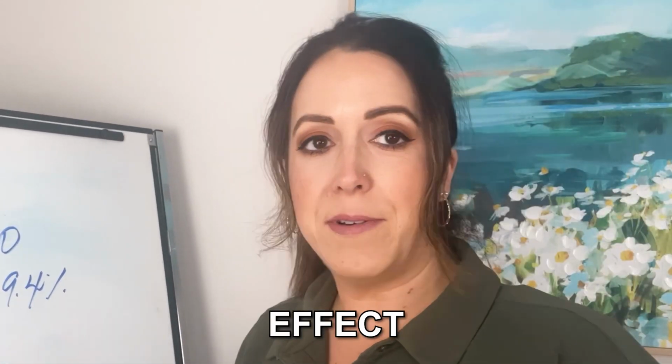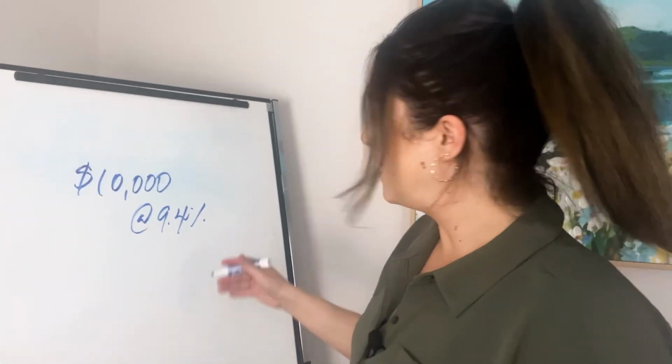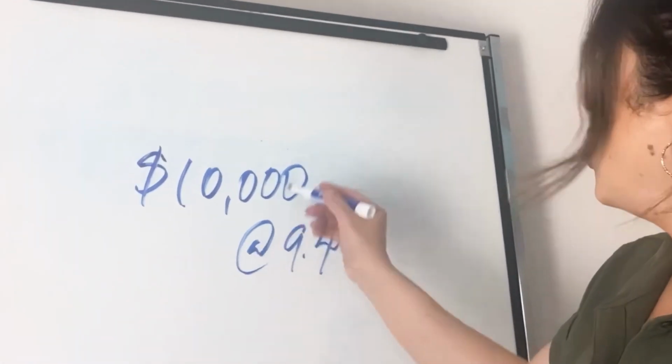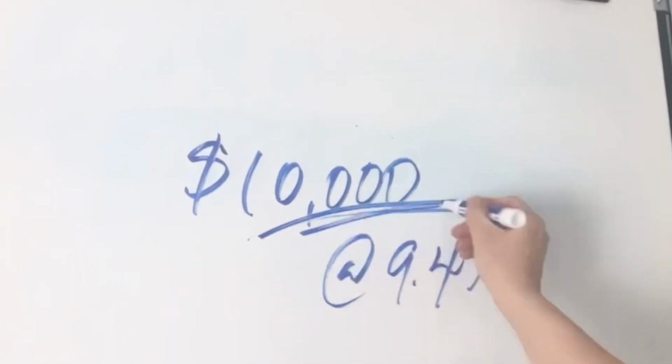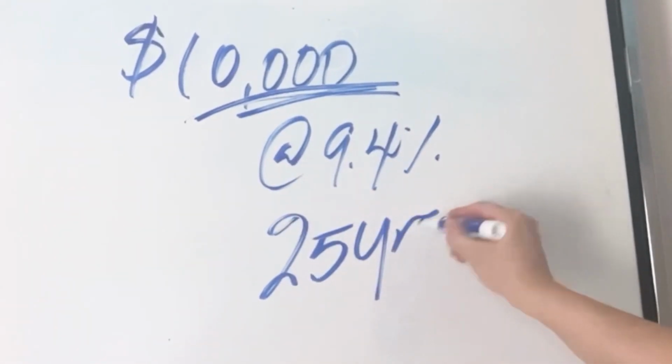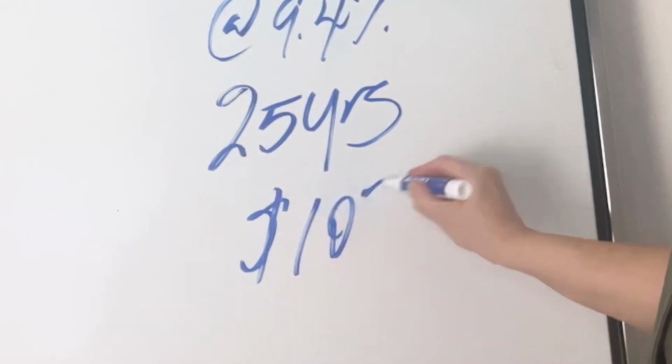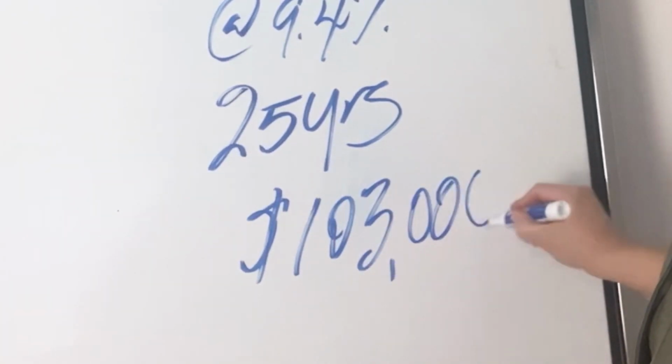So with the compound effect, with compound interest added in here, in 25 years, you'll never guess how much you'll have earned. So your $10,000 in 25 years would have become $103,000. Crazy, eh? And let me give you guys another example.